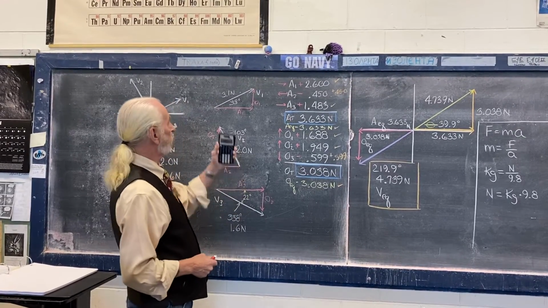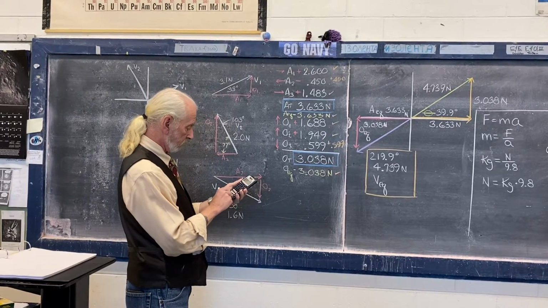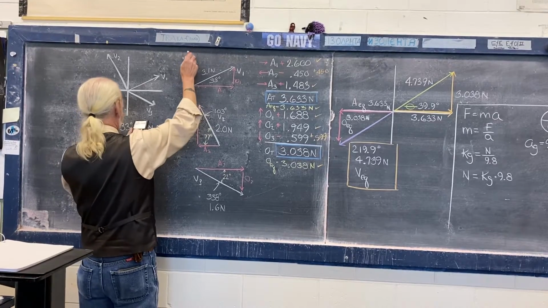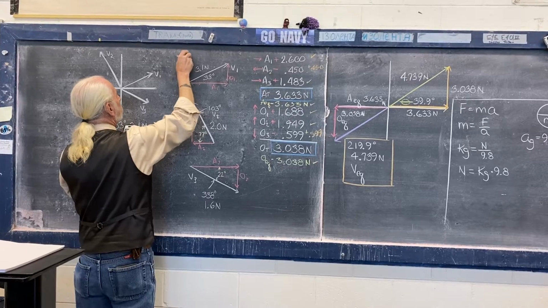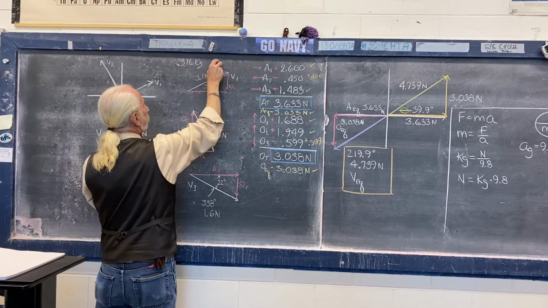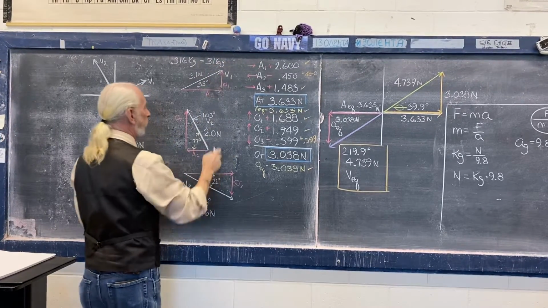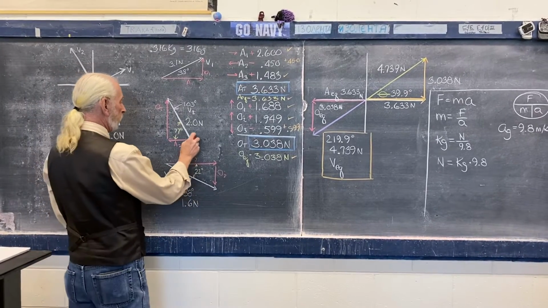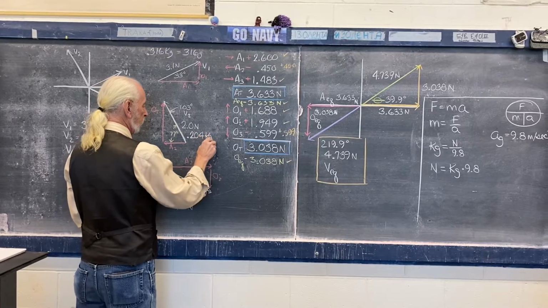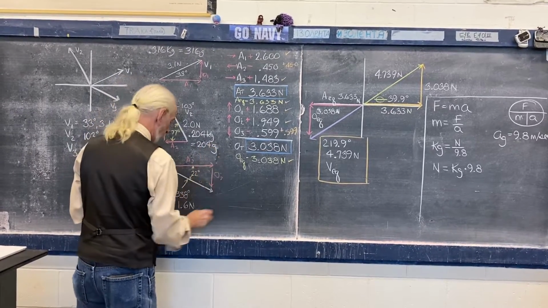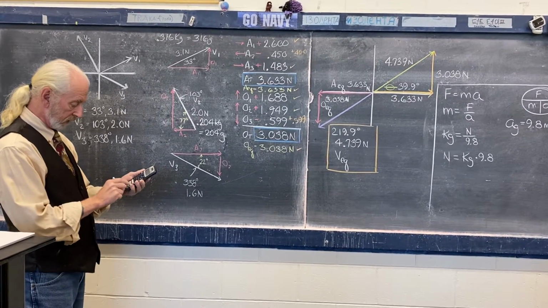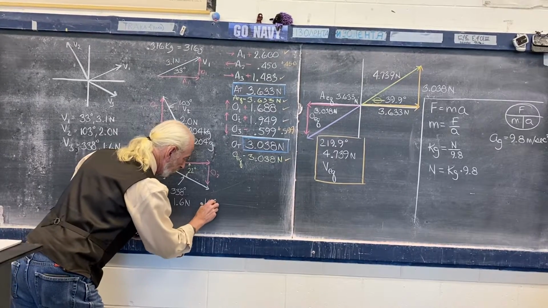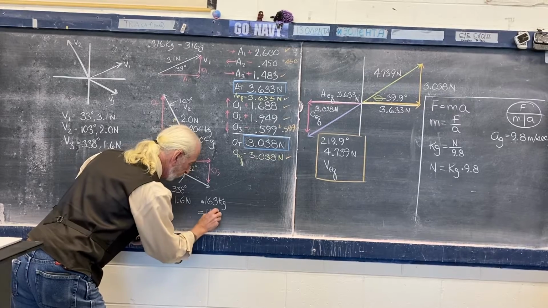I want mass, so I'm going to take my newtons, 3.1, divided by 9.8, and I get 0.316 kilograms, which equals 316 grams. 2 newtons. 2 divided by 9.8, 0.204 kilograms, which is 204 grams. 1.6 newtons. 1.6 divided by 9.8, 0.163 kilograms, equals 163 grams.